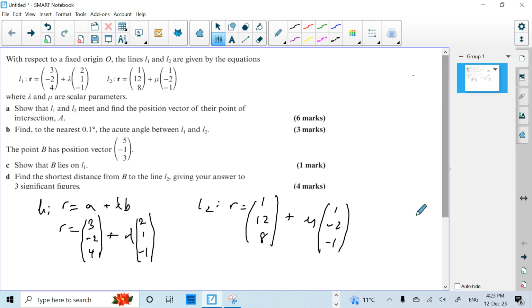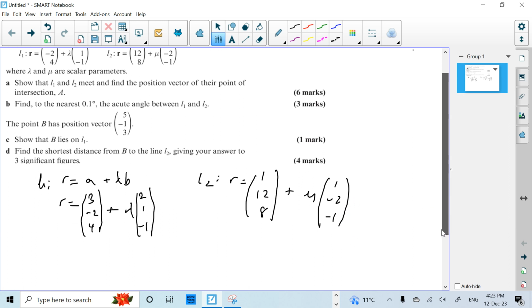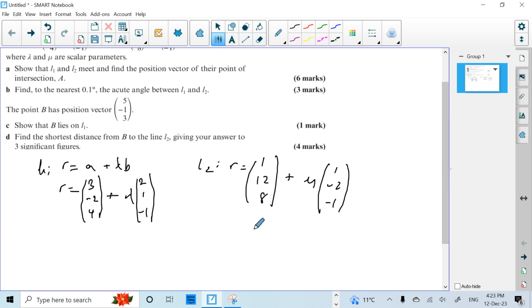So what does that give us? Well, that gives us 3 plus 2 lambda, minus 2 plus lambda, and 4 minus lambda.